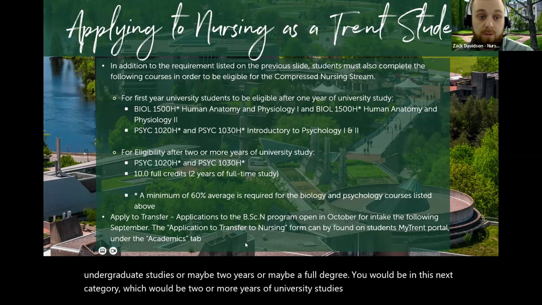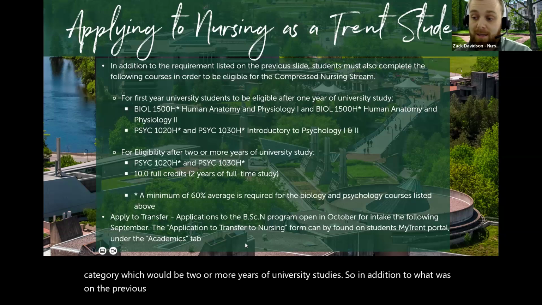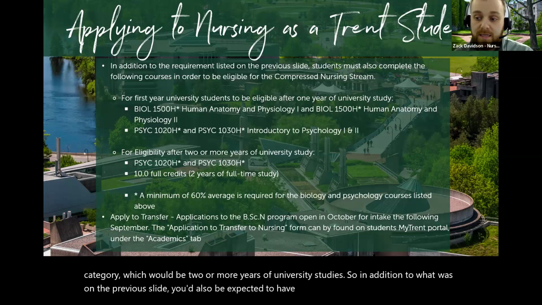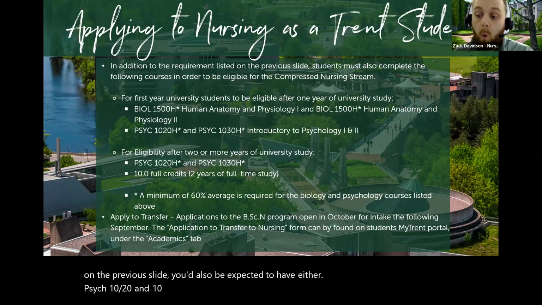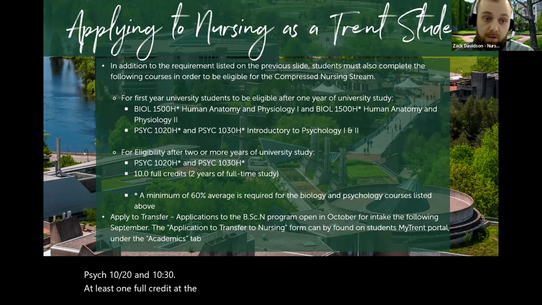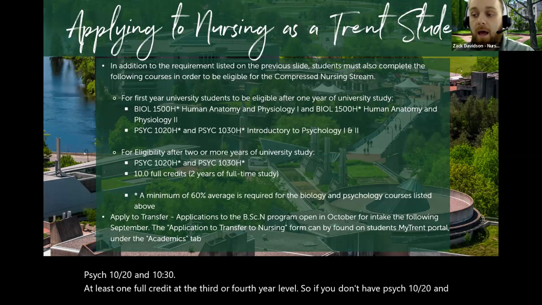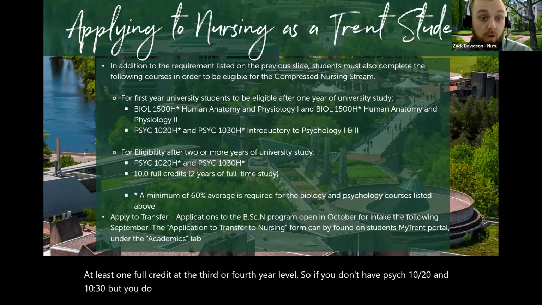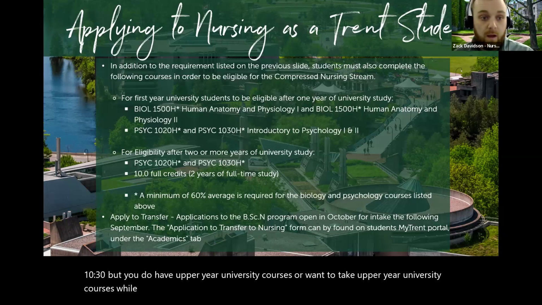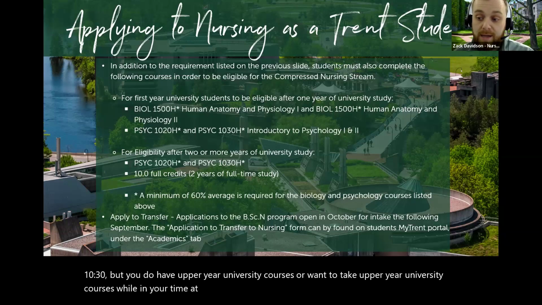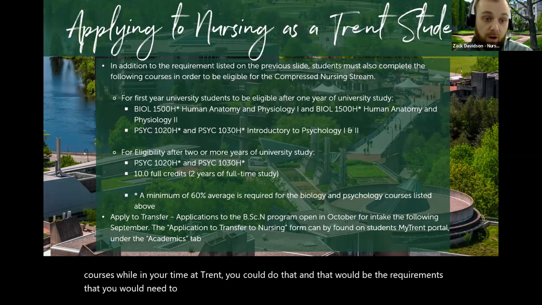So in addition to what was on the previous slide, you'd also be expected to have either Psych 1020 and 1030, or at least 1 full credit at the 3rd or 4th year level. So if you don't have Psych 1020 and 1030, but you do have upper year university courses, or want to take upper year university courses while at Trent, you could do that. And that would be the requirements that you would need to have for the compressed program.